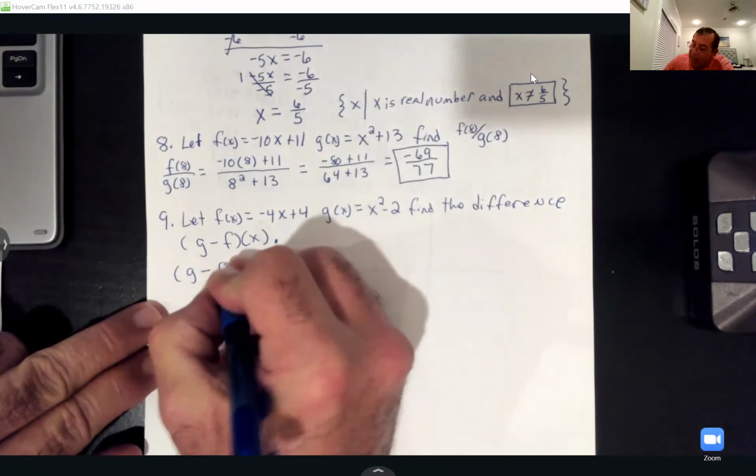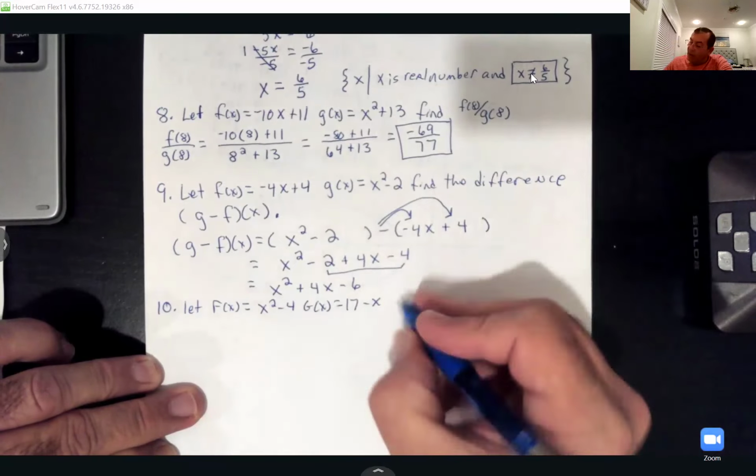All right, y'all, number 10 is subtraction also, but this time they will give us a number. So they want to let f of x equal x squared minus 4, and g of x equal 17 minus x.